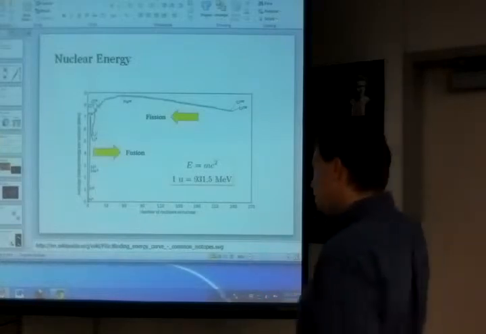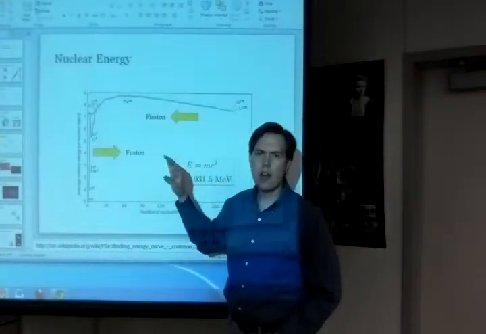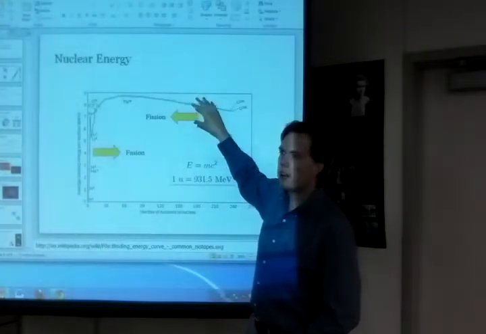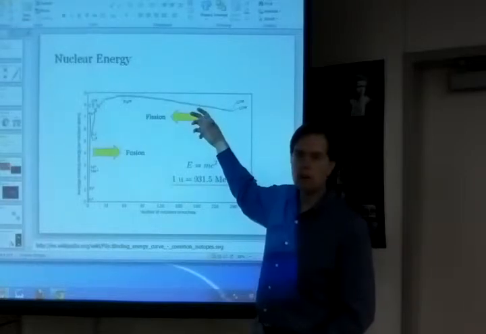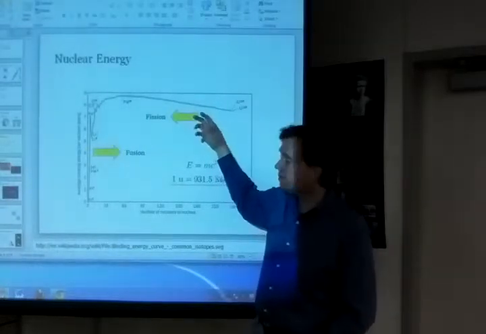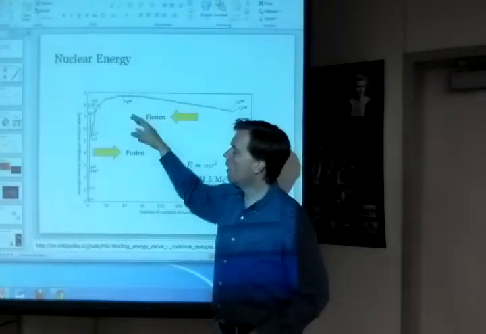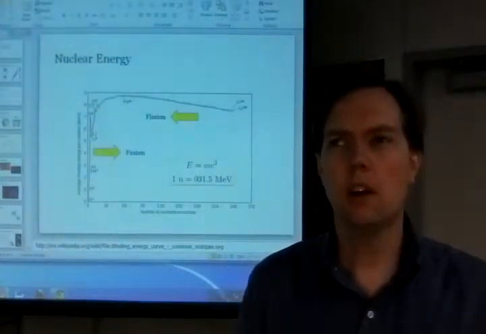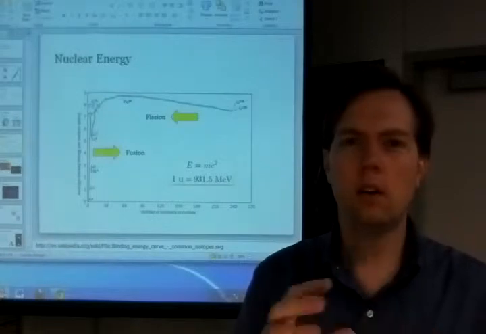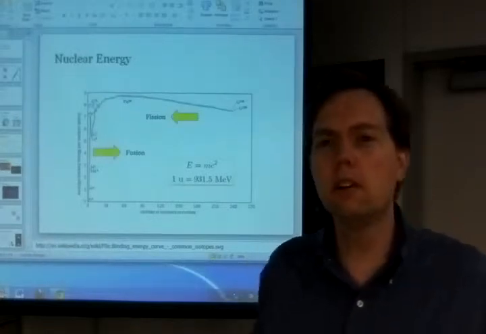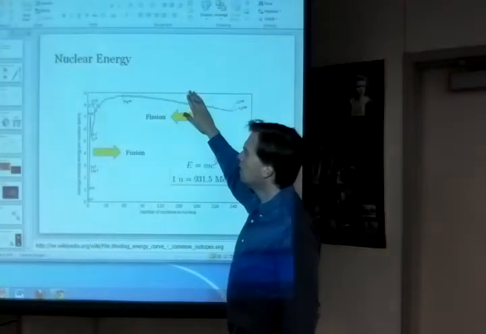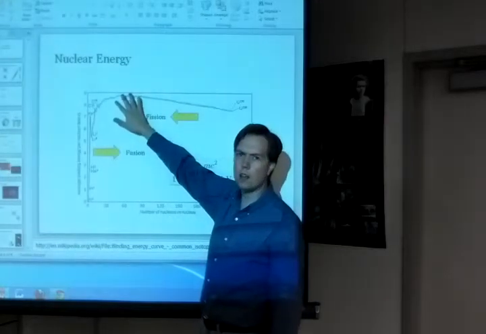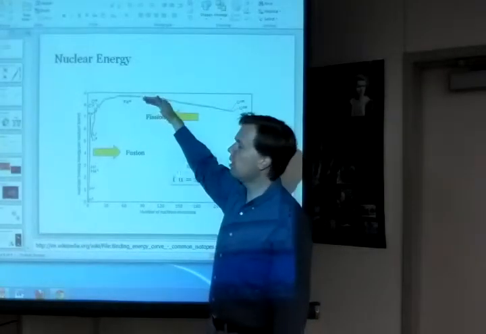So what that means is that if we can induce a reaction and transmute those particles somehow, usually by slamming them together, and have those nuclei shift, interact, or fall apart in some random process, the resulting effect is that if I start with substances on the right side and end up with substances closer to this peak, I am going to move up this binding energy curve.